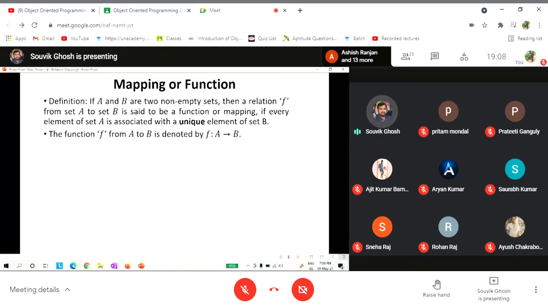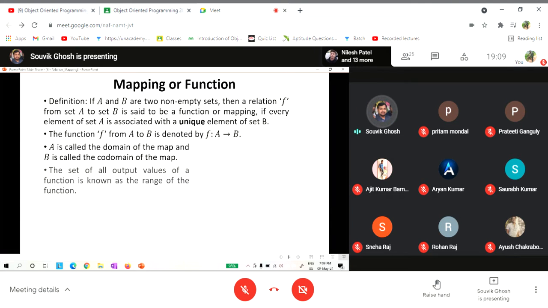The function f from A to B is denoted by this symbol, where we are defining the function f from the set A to set B. The set A is called the domain of the map or the function, and B is called the codomain of the map.